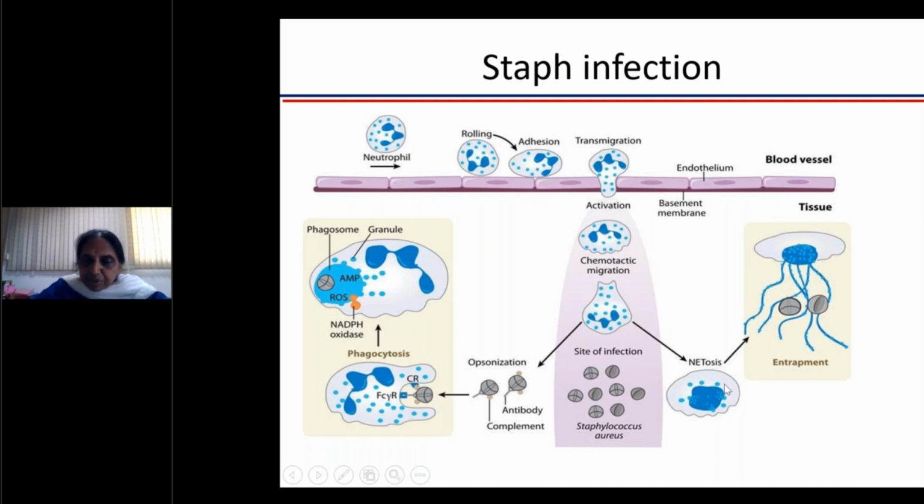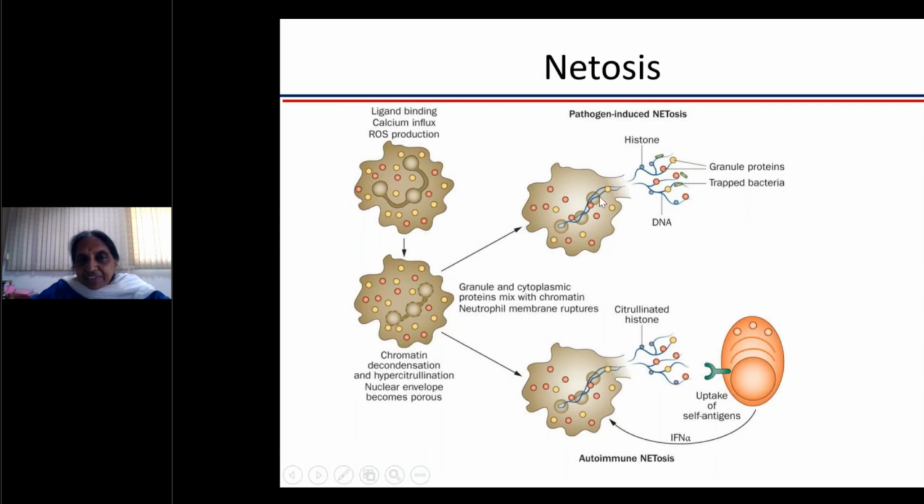The other thing which has come up in the last 10 years is a process called NETosis. NETosis is a form of neutrophil response in which, once a neutrophil gets activated, and especially when reactive oxygen species are being formed, there will be the release of DNA material.